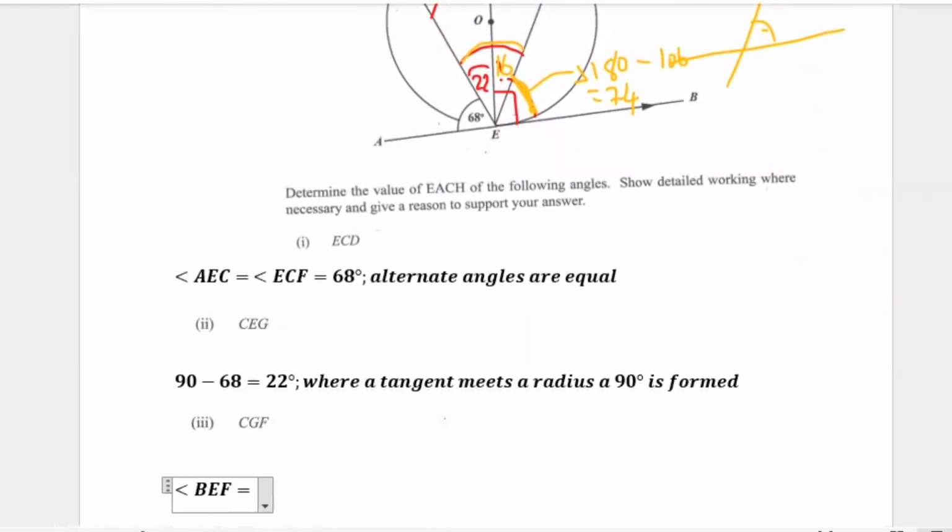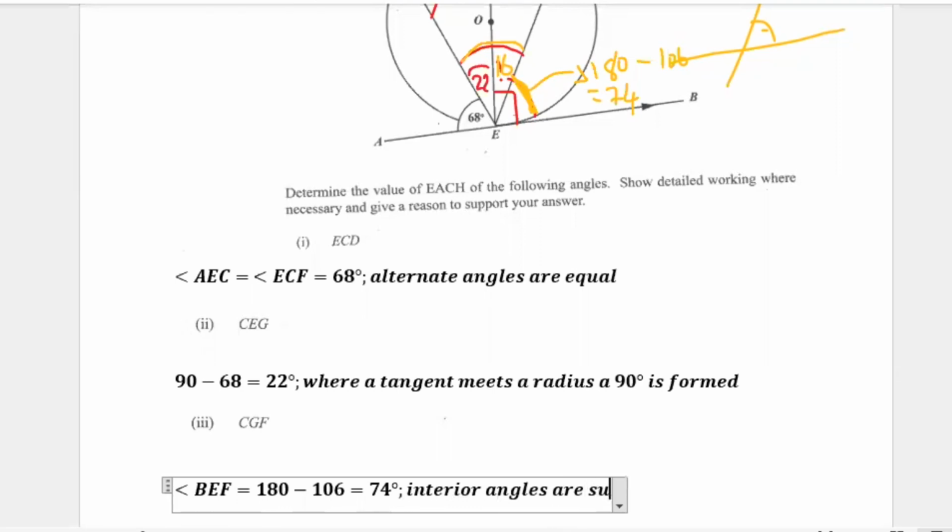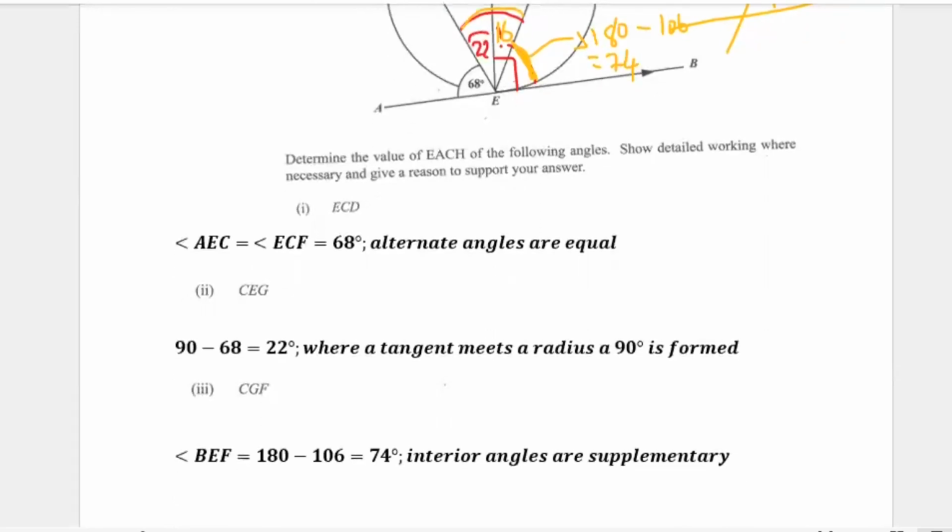And we said that angle BEF is equal to 180 minus 106 degrees, which gives us 74 degrees. And the reason that we state here is interior angles are supplementary.